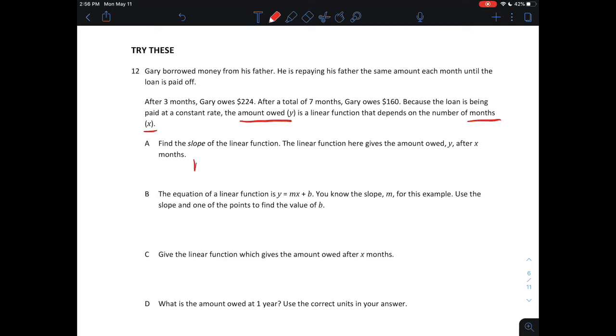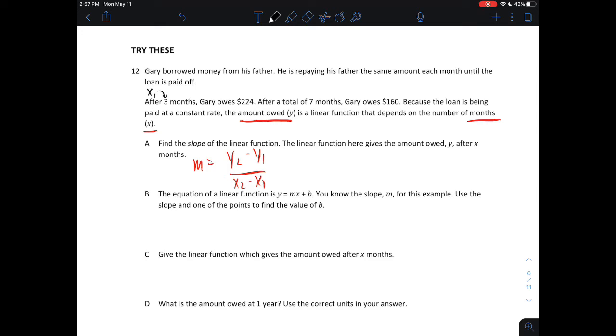So our formula is m equal to y2 minus y1 divided by x2 minus x1. So I need to give some names to some of the information that I was given. The first bit of information is right after the word after. So it says after 3 months. Remember that x stands for months. So let's call x1, the first x value that I see, 3.